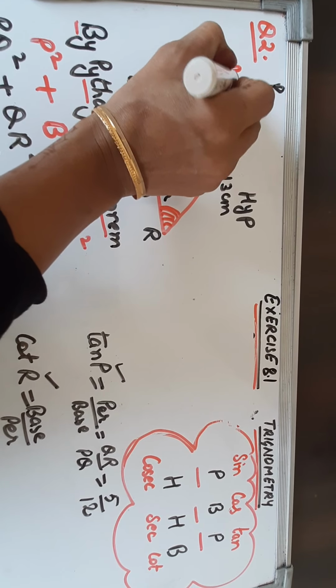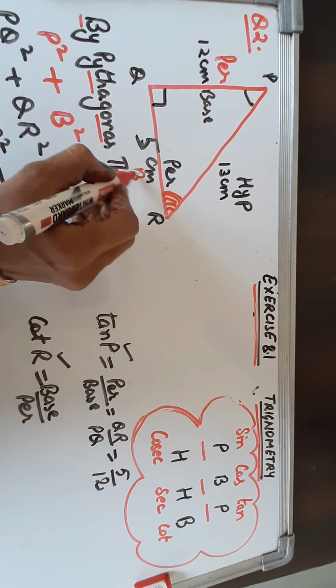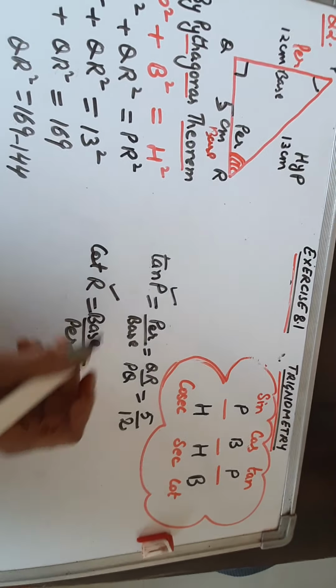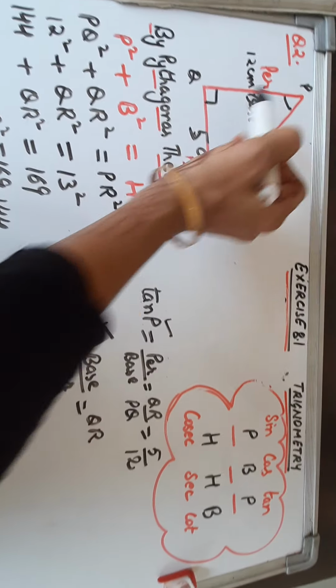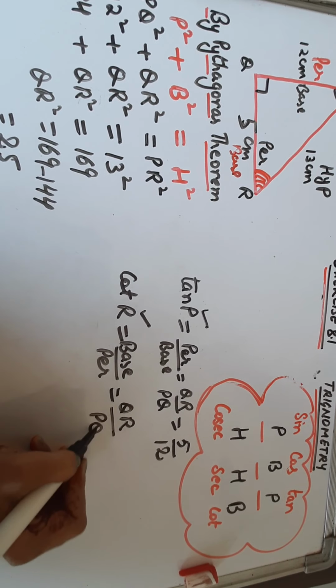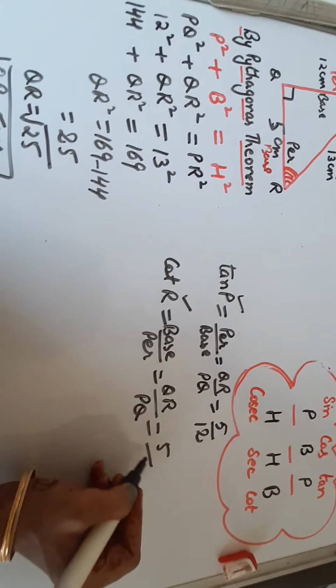So now we will take the perpendicular as PQ and this will be the base. So the base will be QR upon the perpendicular, which according to R is PQ. So QR is 5 upon PQ is 12.